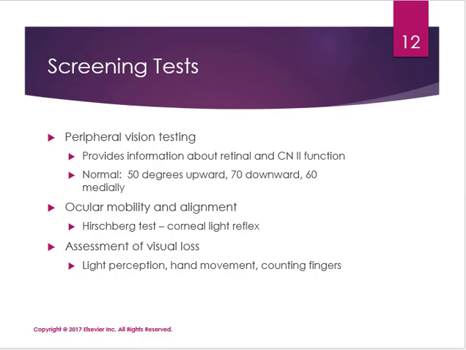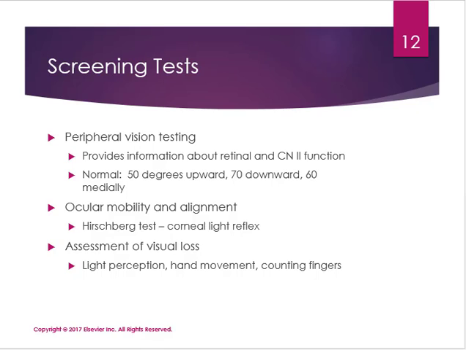If your concern is for visual disturbances, it's important to assess the child's visual functionality. One test that we can do for that is to take a penlight and move it in from a lateral position and turn the light on and off several times to assess light perception. If the child can see the light on and off, then the vision is described as LP for light perception.